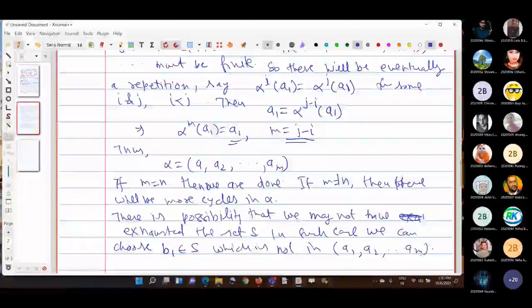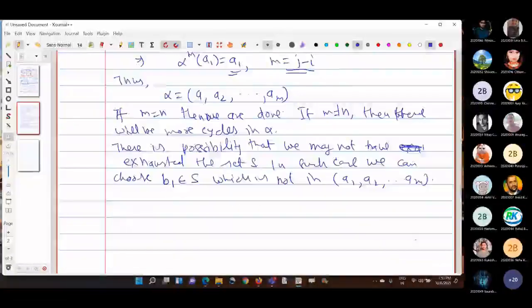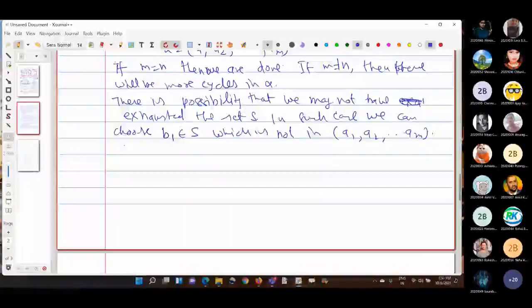That is, this b1 is not appearing in this.